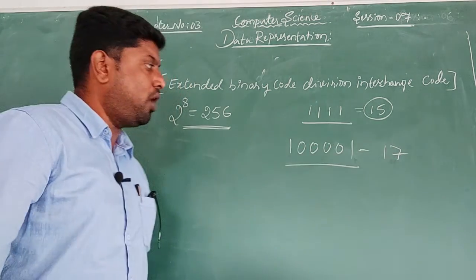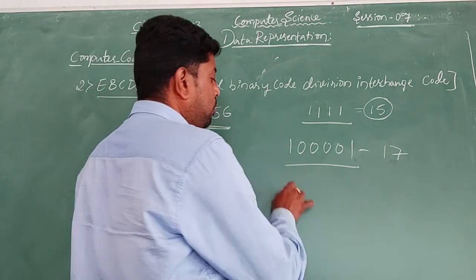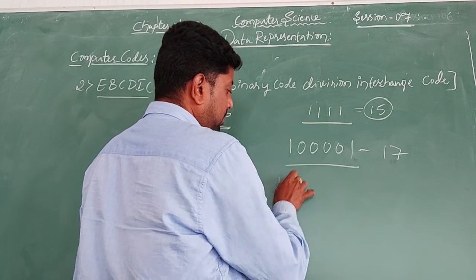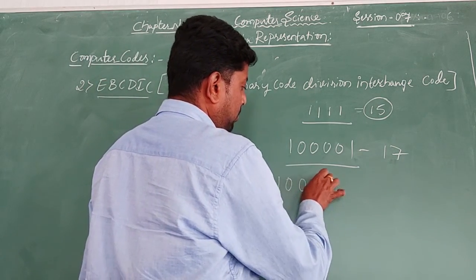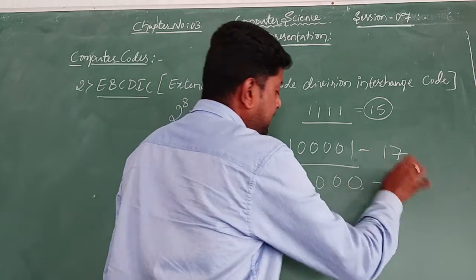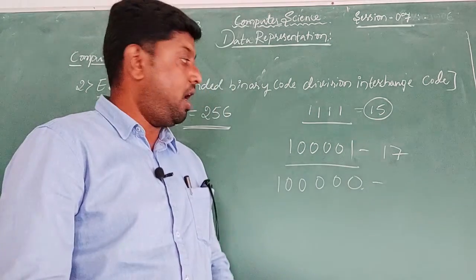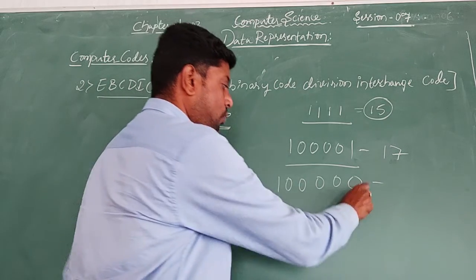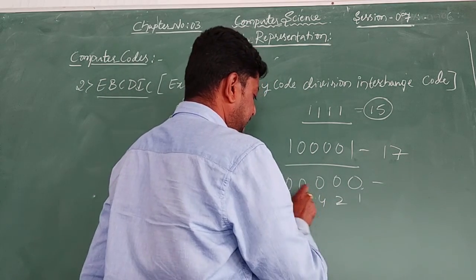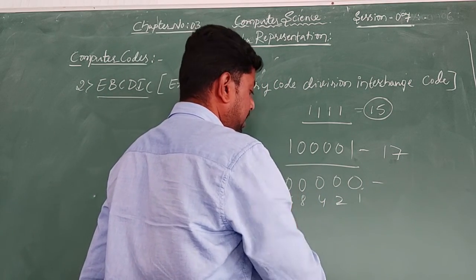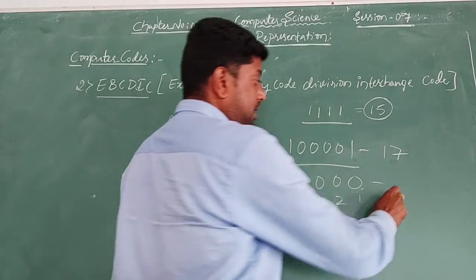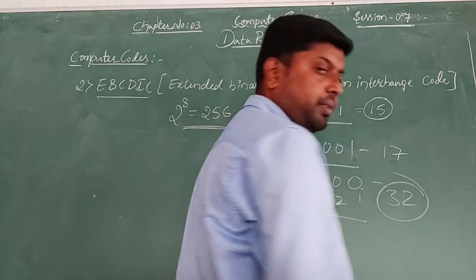Like that, if I want to write 32, 32 means double: 100000. Then 6 digits are possible: 1 2 4 8 16 32, like that. Then the value is 32.